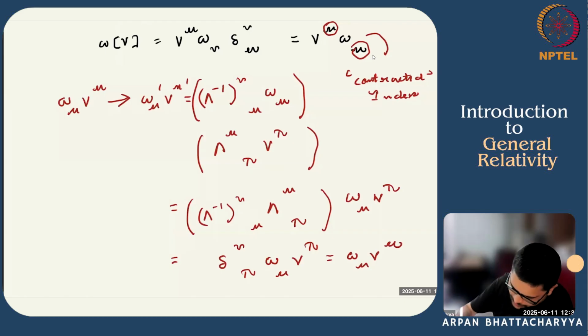So we can see that under Lorentz transformation, this object remains invariant. That means it forms a Lorentz scalar.